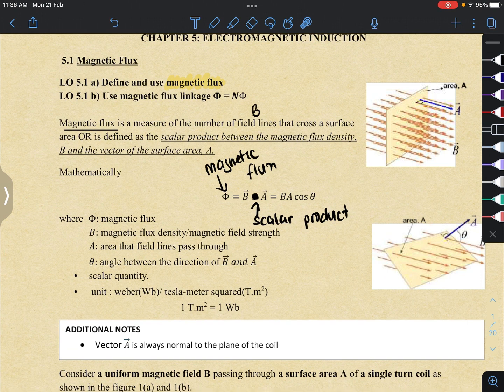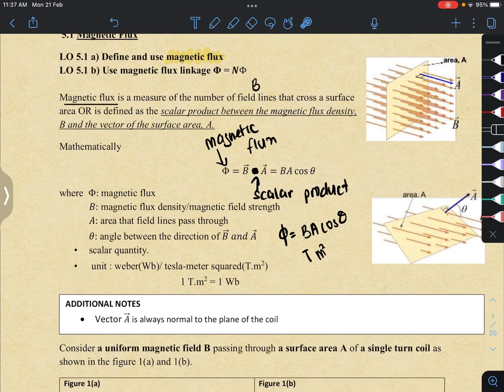As we know, flux is BA cos theta. B has a unit of Tesla and area has a unit of meter squared. So we have a unit of Tesla meter squared, T m², or Wb, Weber. This is a common unit that we associate with flux.